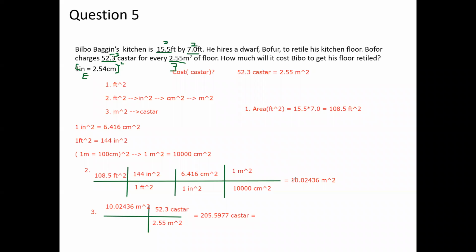So our answer should be rounded to 2 sig figs. The digit after the 0 is greater than 5, so this should be 210 castar, or you can write 2.1 e to the 2 castar. Because again, the smallest number of significant figures is 7.0 feet, which has 2. So our answer should be rounded to 2 sig figs.